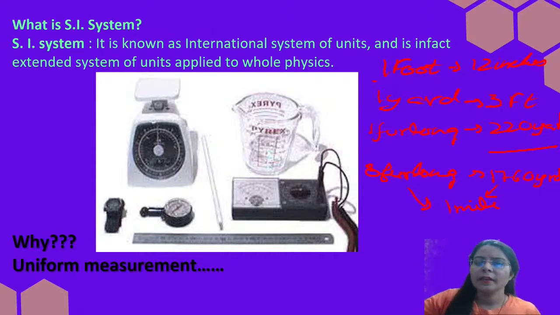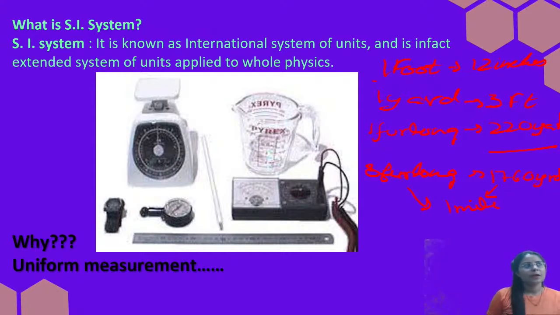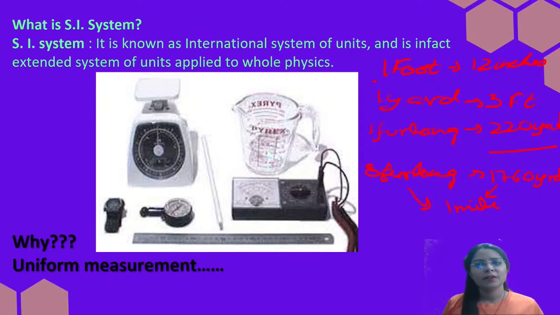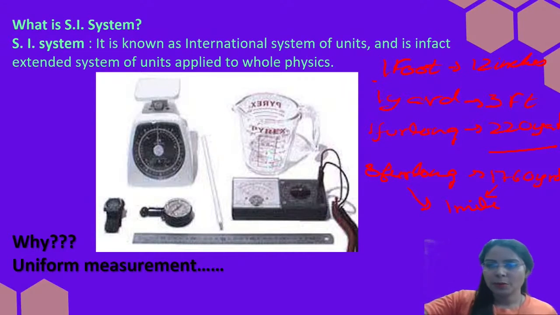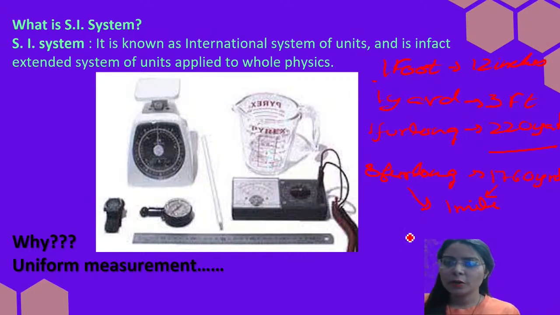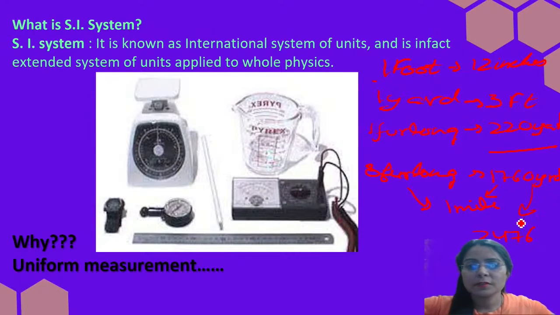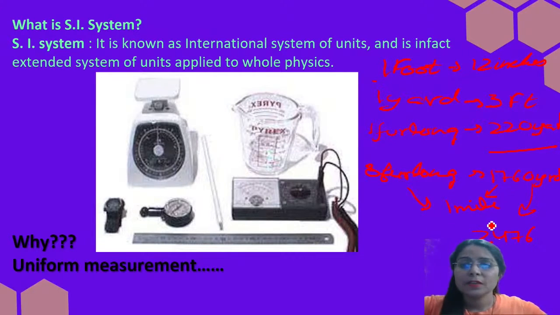So if a person says I want to go to a place that is around 2467 miles, and you need to convert it into yards, a smaller unit, what do you need to do? You need to multiply this with this. Difficult, obviously. It will create difficulty in calculation.